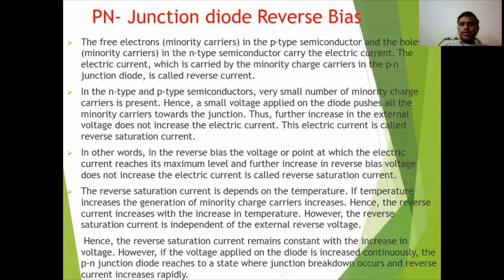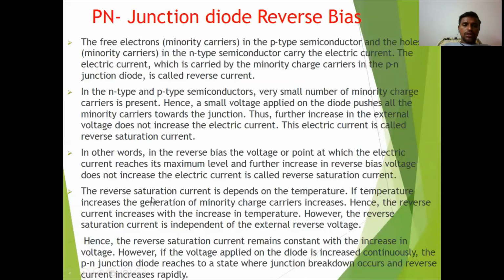They cross the junction, and no more minority carriers remain in n-type and p-type. So there is no dependency of the reverse saturation current on the external voltage.